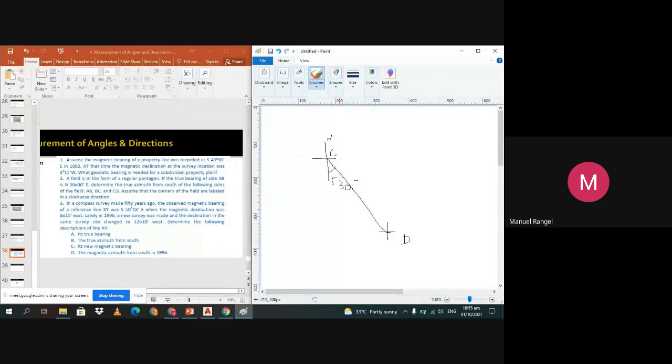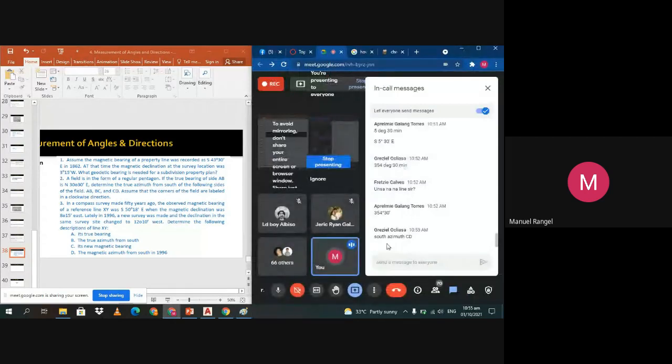So the true bearing is 360 minus 5 degrees 30 minutes. So for line C to D, the azimuth from south is 354 degrees 30 minutes. Okay, nalibog to no. Line CD. Okay, so that is the correct azimuth, 354 degrees 30 minutes.